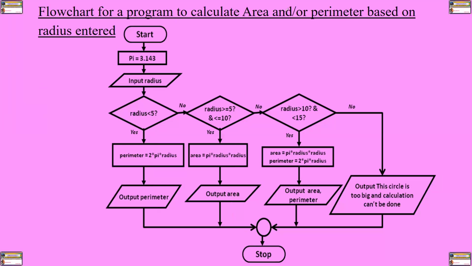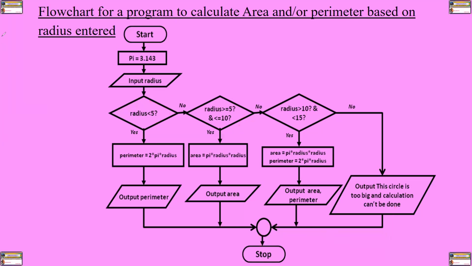Otherwise, if the value entered is more than 10 but less than 15, this is the path that will be followed. Otherwise, if none of these conditions has been met, then the path that will be followed is this one. This message will be displayed on the screen and the program will terminate.